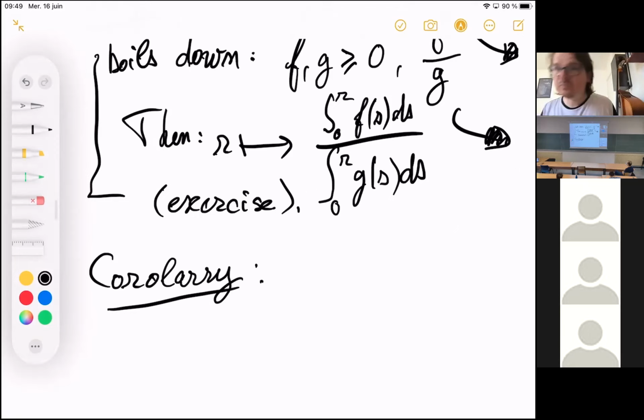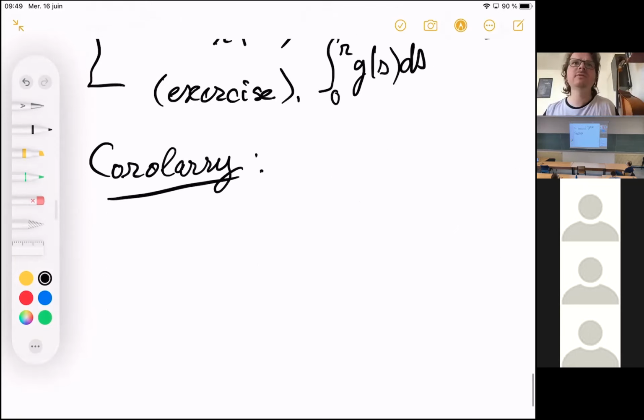Before I state the corollary, let me prove it and then I'll give you the statement.